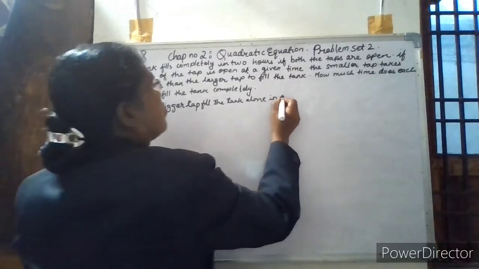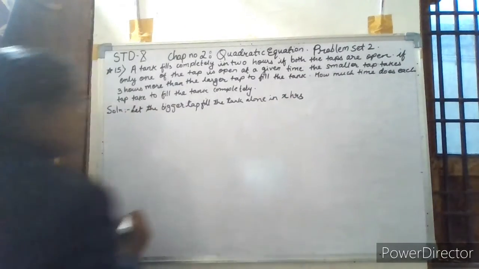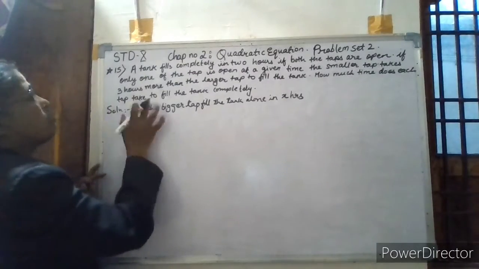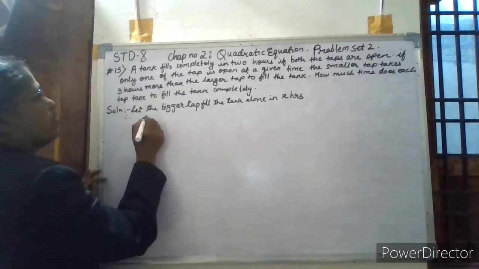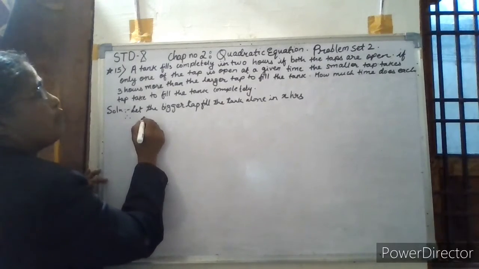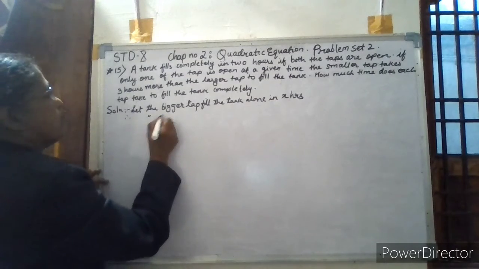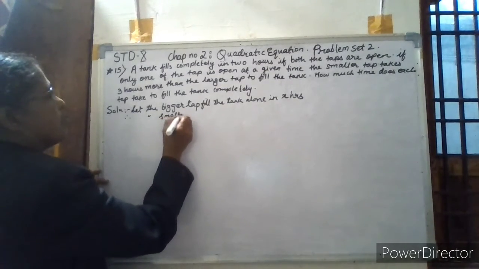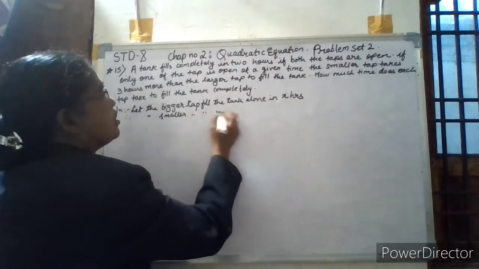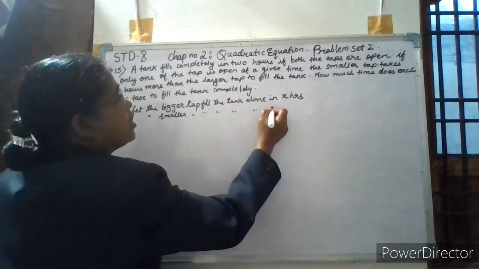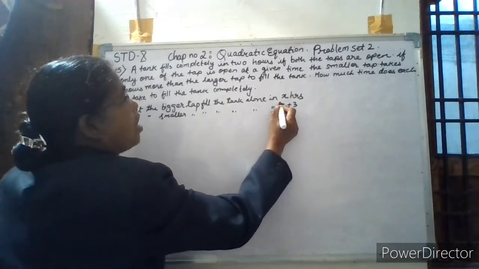We don't know how many hours it will take, so let us take x hours. Now the smaller tap will take 3 hours more. Therefore, the smaller tap will fill the tank alone in x plus 3 hours.